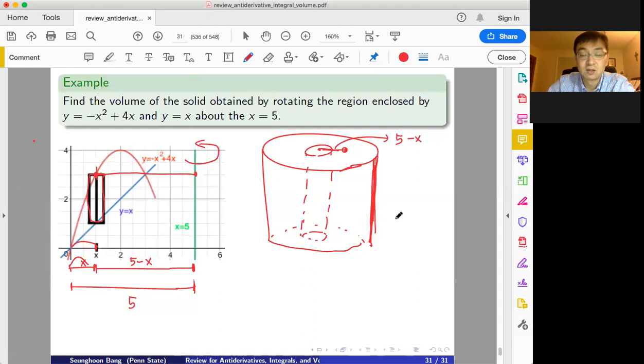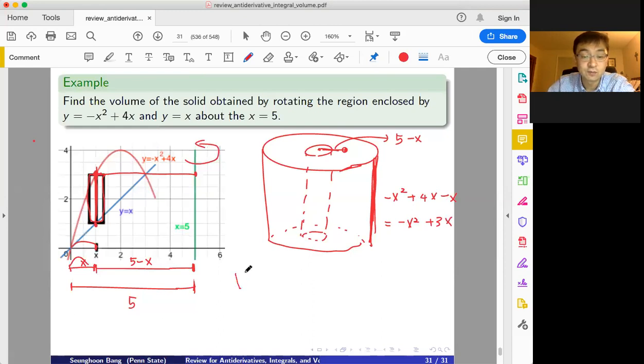Here, the height is the difference between two function values, top one minus bottom one. The top one is negative x squared plus 4x, minus x. So we have negative x squared plus 3x.